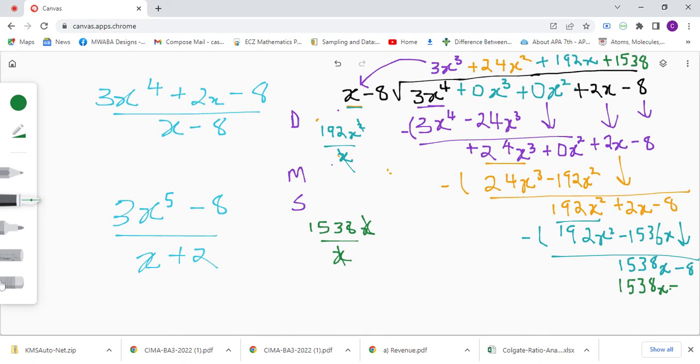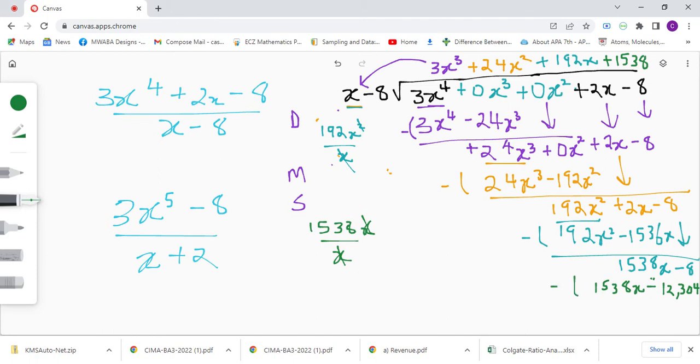So right here we have 1538x minus 12,304.